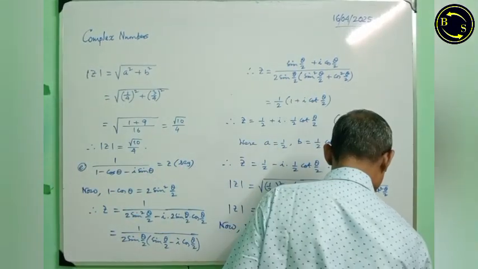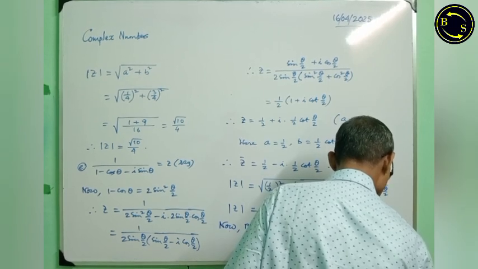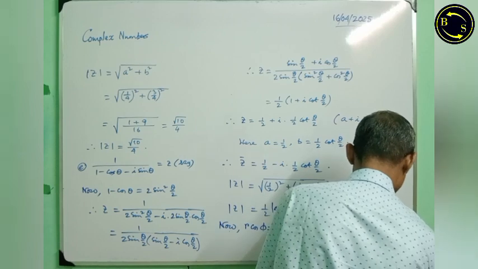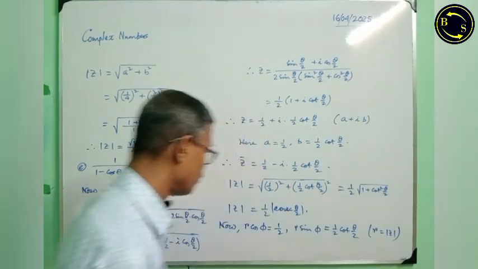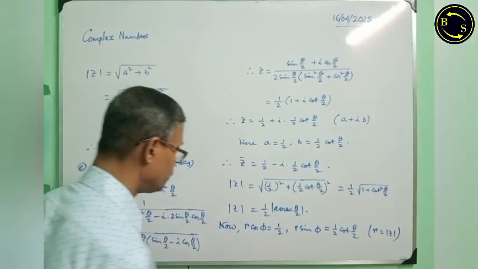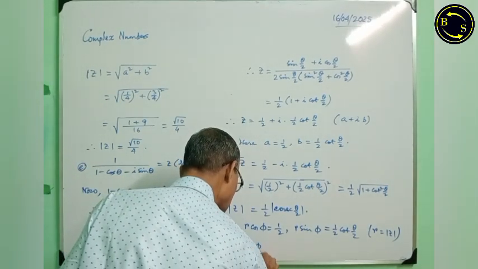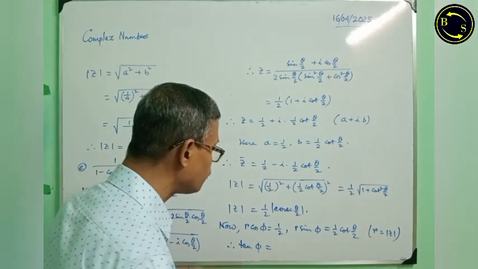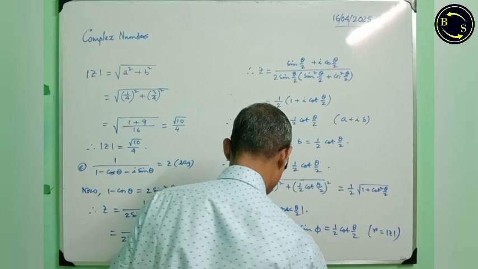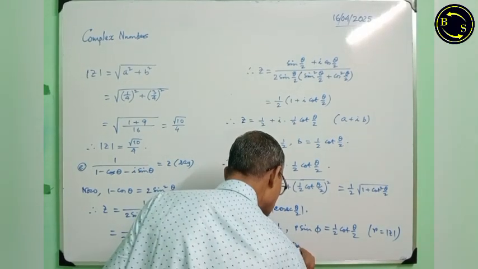Here r is the modulus, therefore tan phi will be equal to this divided by this, that means cot of theta by 2.